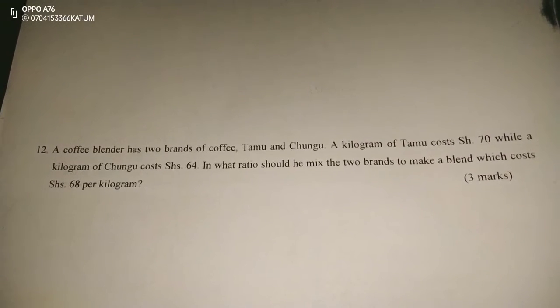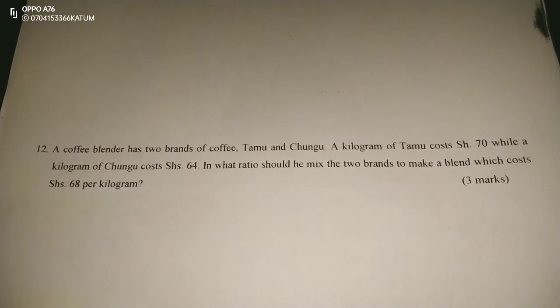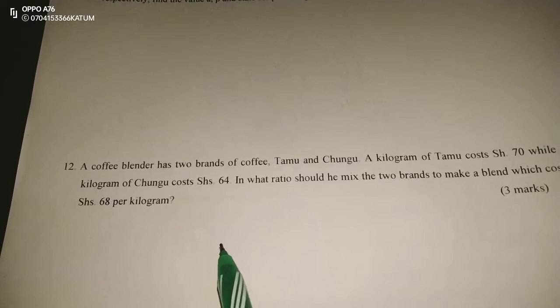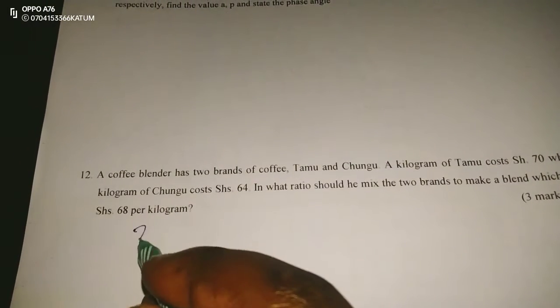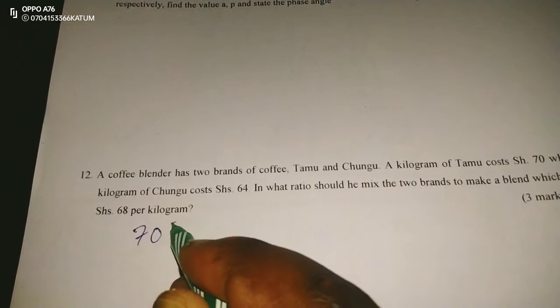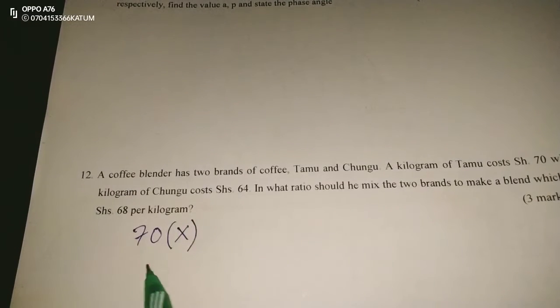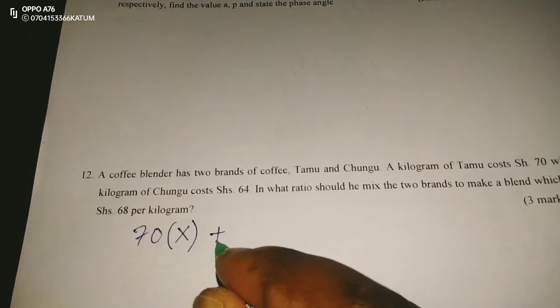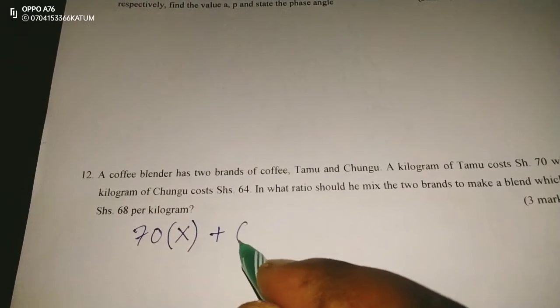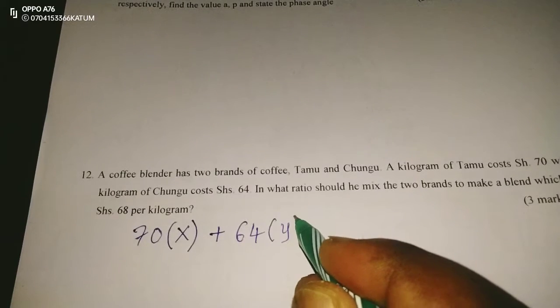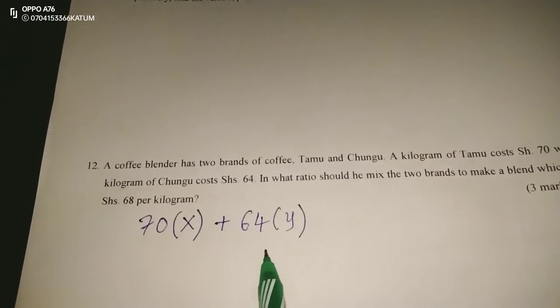I am going to answer this question in 2 approaches. In the first case, if a kilogram of tamu costs 70, let's say we are mixing X kilograms, each costing 70, with Y kilograms, each costing 64, of the other brand.